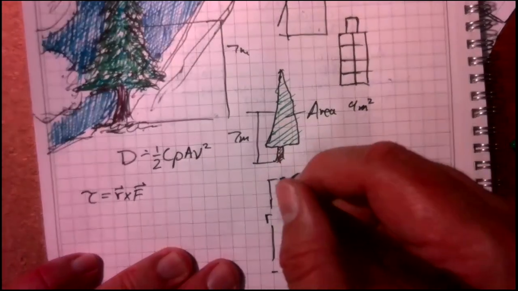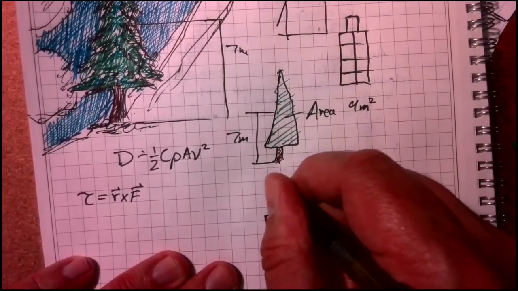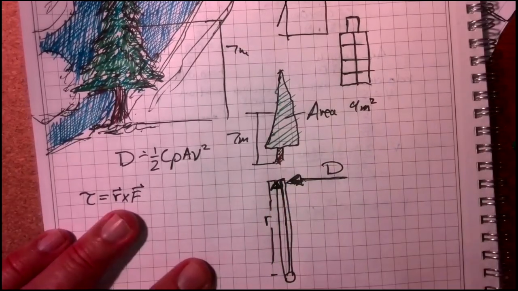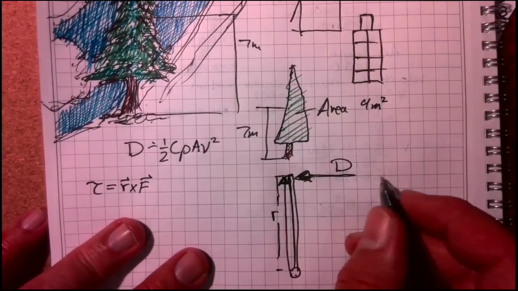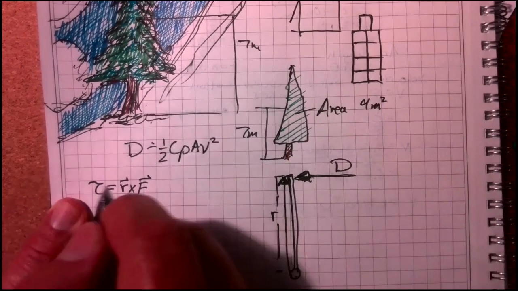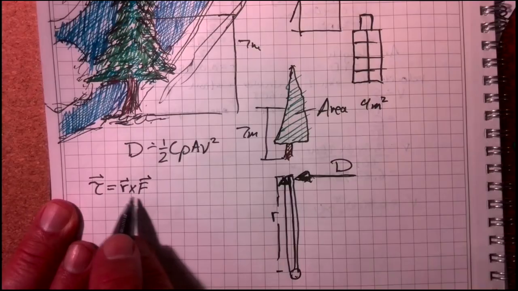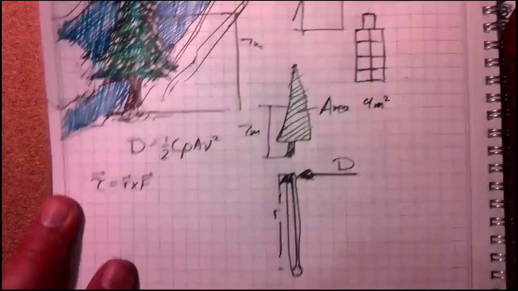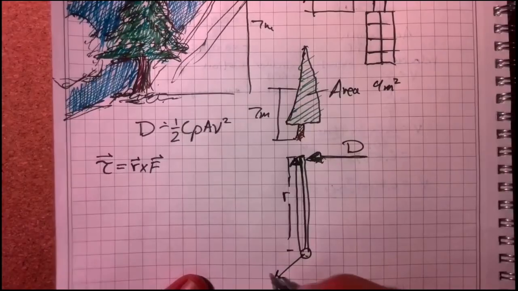One vector here, R, is pointing from the rotational part up here to the top, and then our force is pointing against that. Torque is a vector, and it's perpendicular to these other two, which means that it's coming out of the page.